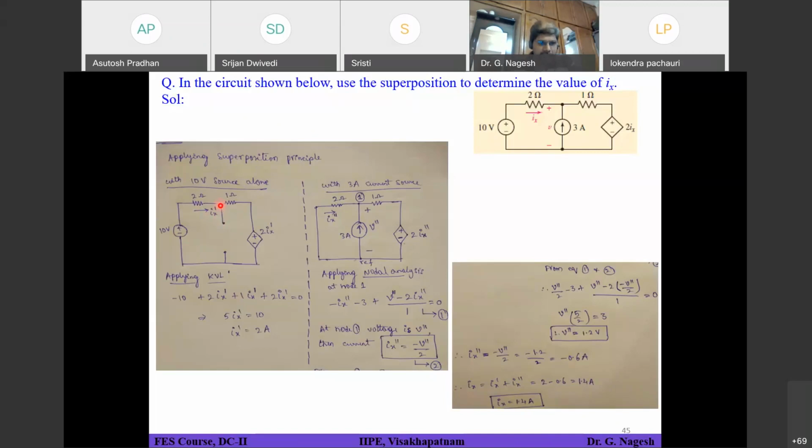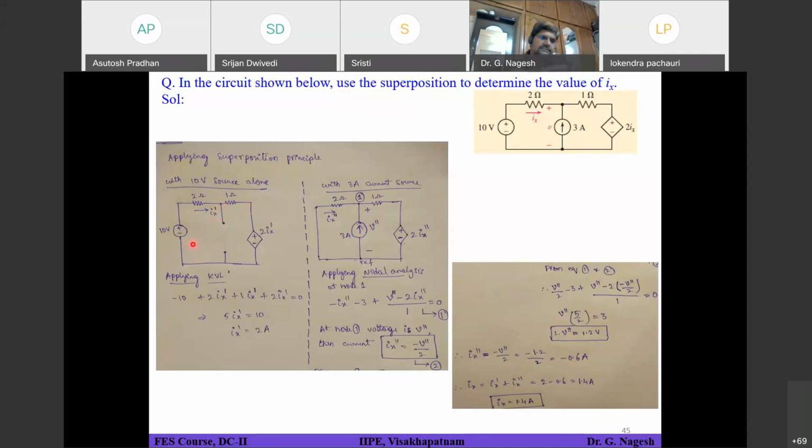I am considering the voltage at this point as V dash, let's say. I don't know what is on the right hand side, but I am giving the voltage at this node as V dash. Whether it is closed or open, I don't know. But they are giving me a polarity called V dash at this point. So I can apply KVL now, blindly thinking that something is there in the circuit. I don't know what it is, but some voltage is given here. That is V dash I am considering.